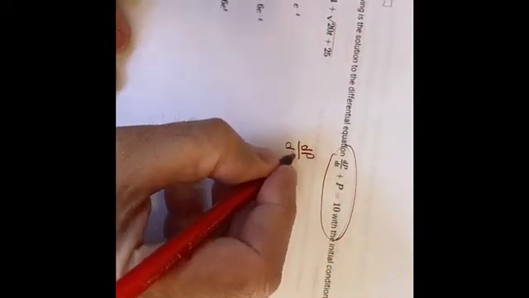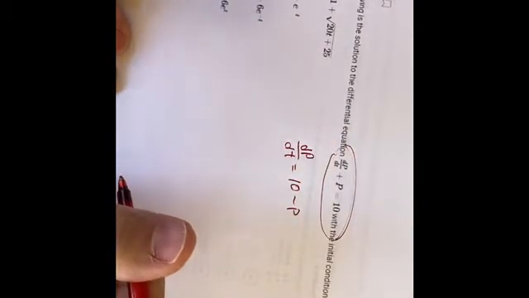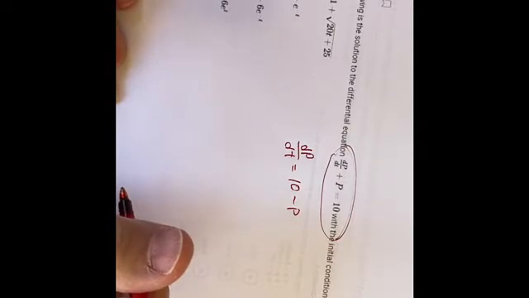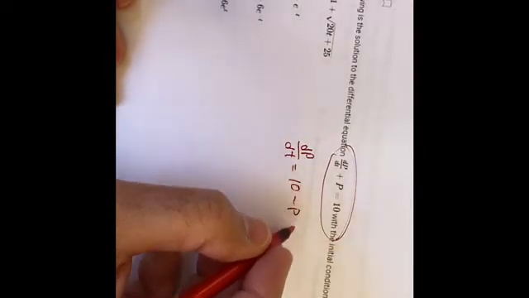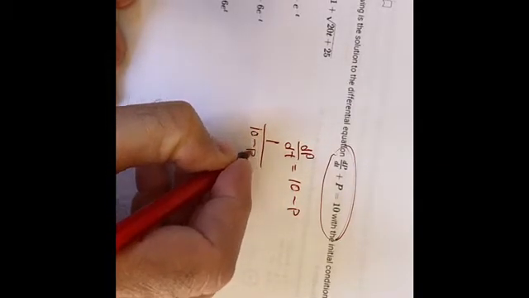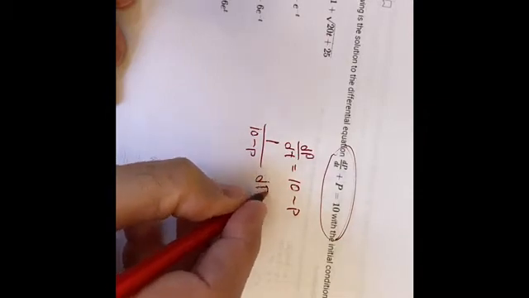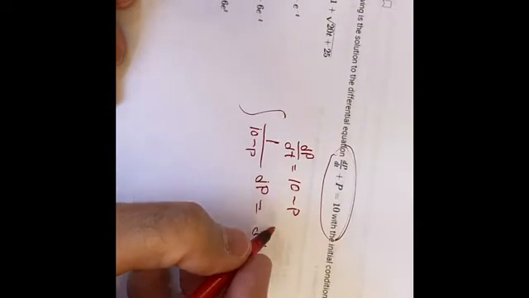That is 10 minus p. And we have to separate the variables. So you divide both sides by 10 minus p. Integrate both sides.